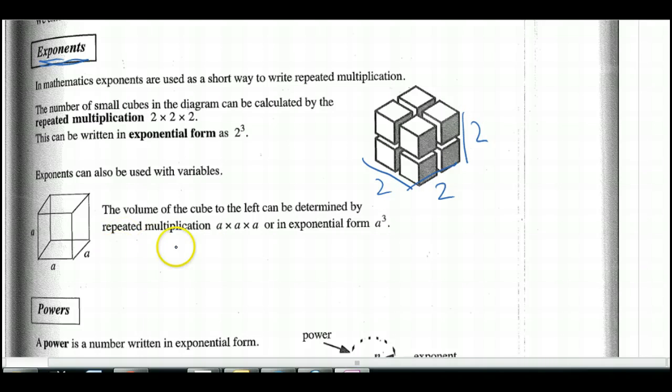And that's why the volume of a cube can be represented as side times side times side. In this case, the side is a, so the length of a times the length of a times the length of a. Instead of writing it all out, we can just write a cubed over here.